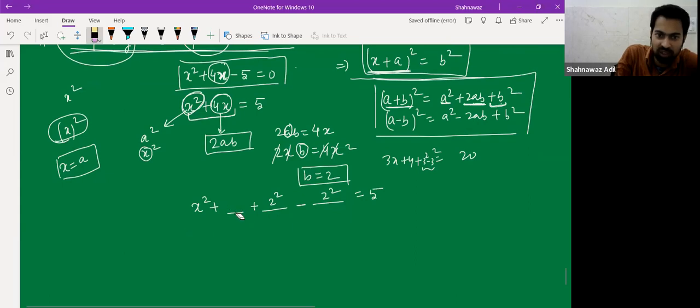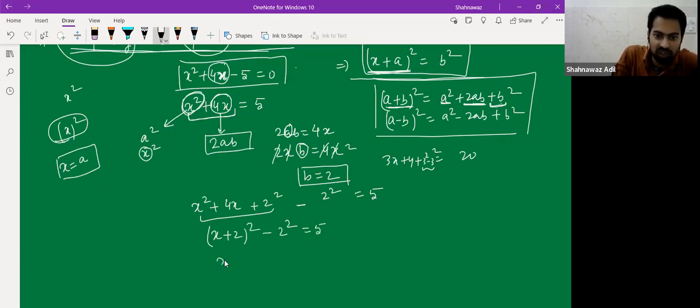So this is the complete square. This is x plus 2 whole square, and this is minus 2 square, which is 5. So this is x plus 2 whole square, this is 4, so this is 5 plus 4. So this is x plus 2 whole square and this is 9, which is 3 square.